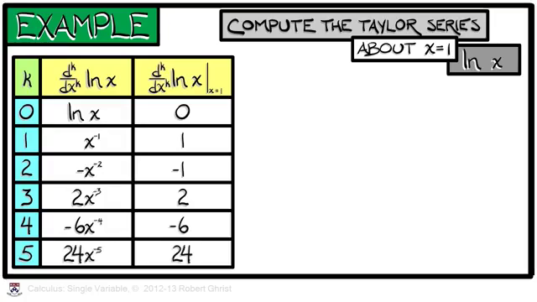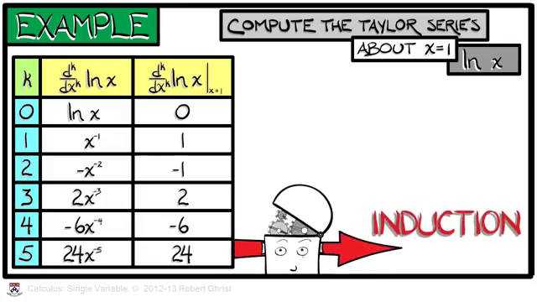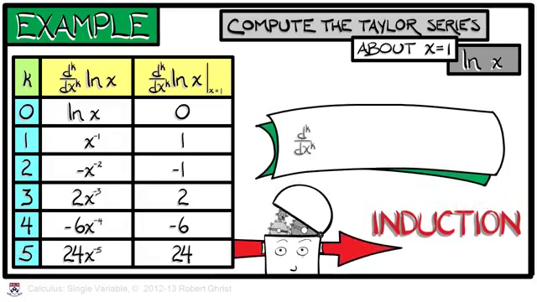After computing sufficiently many derivatives, you start to see a pattern. It requires a little bit of thinking and a particularly formal way of thinking called induction. But with a bit of effort, one can conclude that the kth derivative of log of x is negative 1 to the k plus 1 times k minus 1 factorial times x to the minus k.